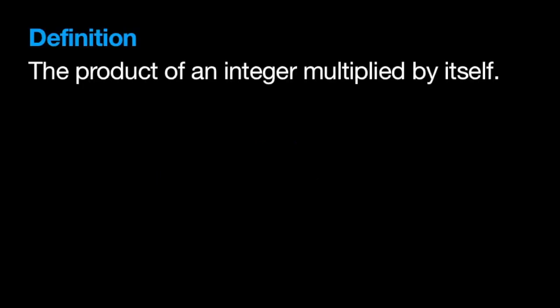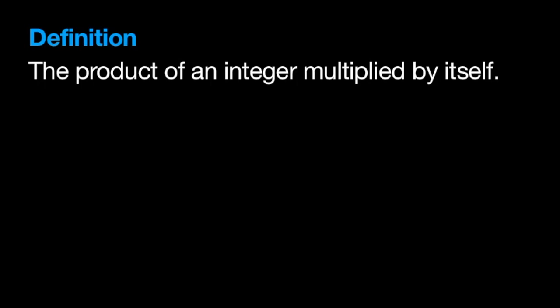So we're going to go over different types of perfect squares, and we're going to see what perfect squares are. The definition of a perfect square is the product of an integer multiplied by itself. So that means that if you have an integer, it's going to be a whole number.